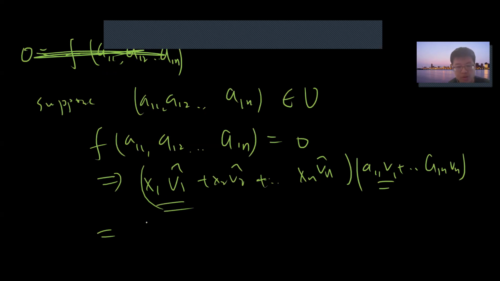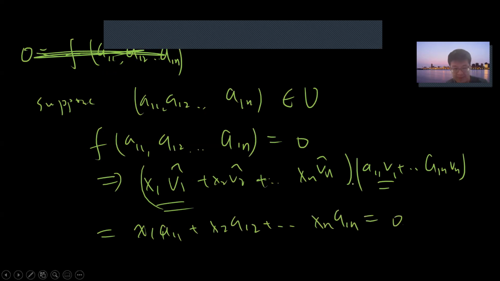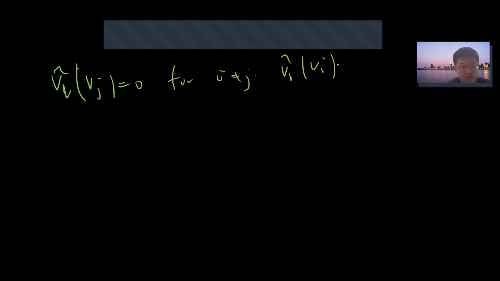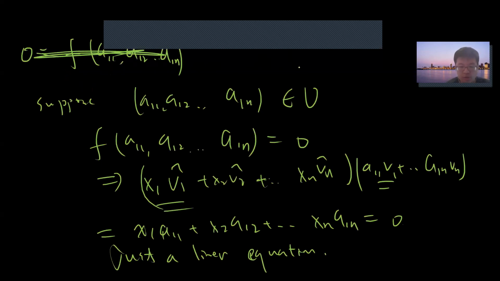By computation, this is x1 A11 plus x2 A12 up to xn A1n, which is 0. So which is just a linear equation. And you know that Vi hat applied to Vj is 0 for i not the same as j, and Vi hat applied to Vi is 1. This is what we use.